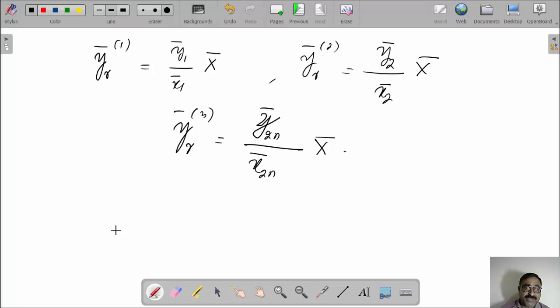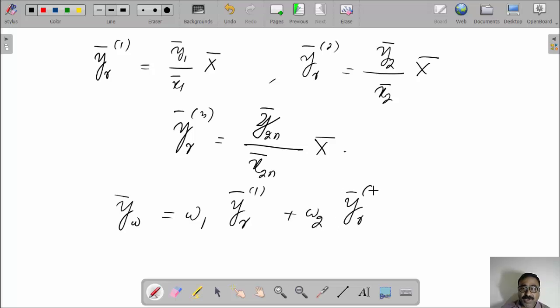Now we consider the weighted or pooled estimate, y W bar equal to W1 y r bar 1 plus W2 y r bar 2 plus (1 minus W1 minus W2) y r bar 3.